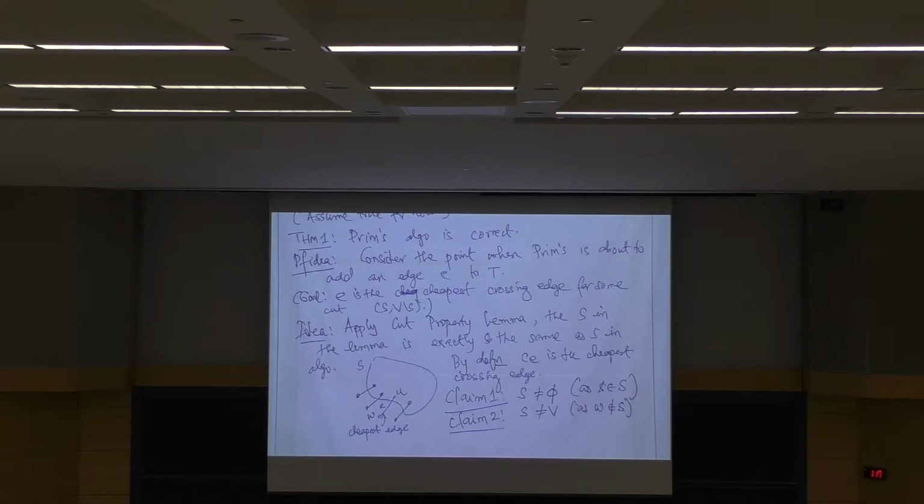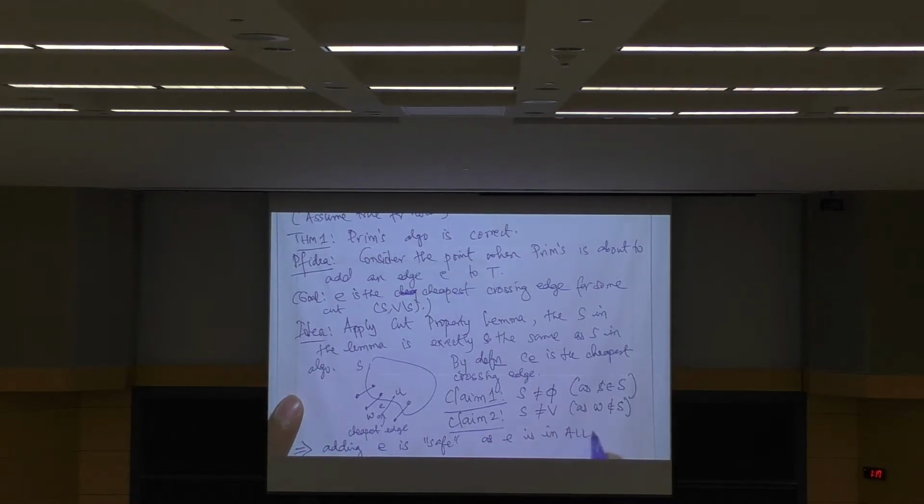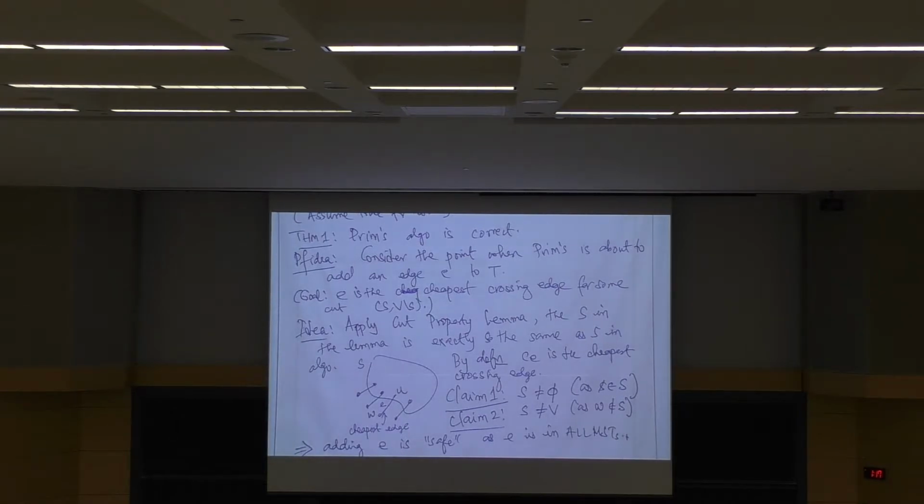So both parts are not empty. So that implies adding E is safe, as E is in all MSTs. Okay. So we basically argued anytime Prim's algorithm adds an edge, it is fine, because that edge is going to be present in all MSTs.